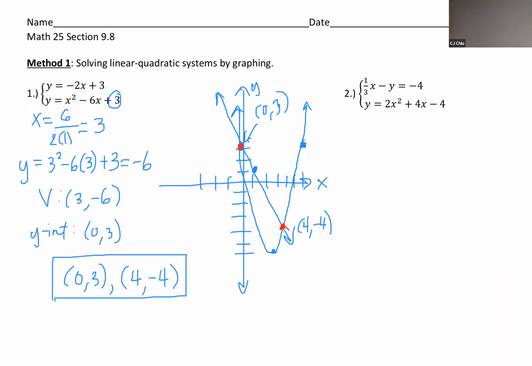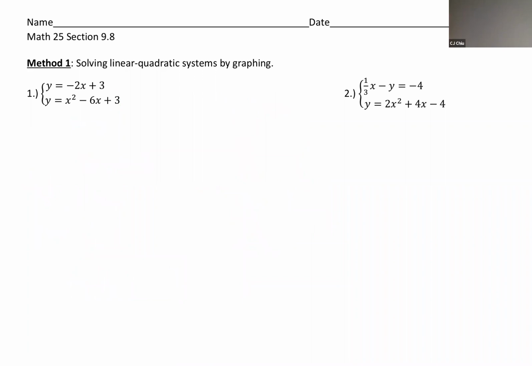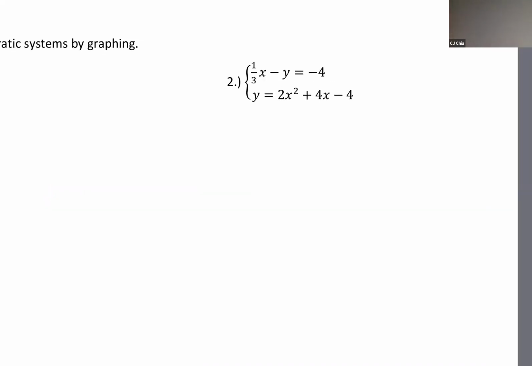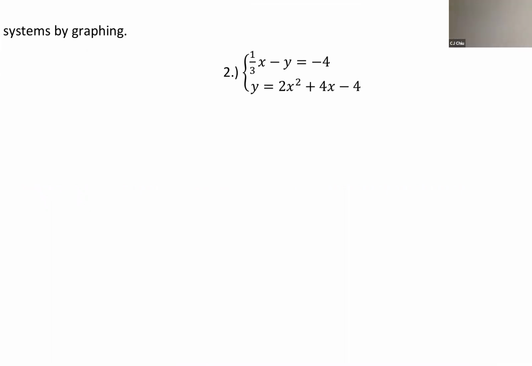Okay, so let's look at the next one. So here, for the line, if you wanted to solve for slope-intercept form, just move this y over and move the negative 4 over. So you get y equals 1/3 x plus 4, okay? Same thing for the parabola. You want to find the vertex, so x equals negative 4 over 2 times 2, which gives us negative 1.